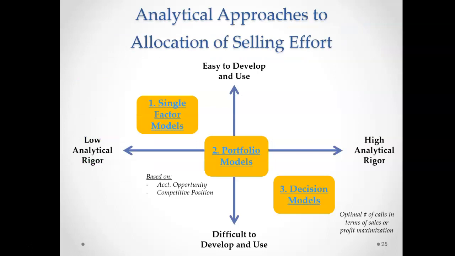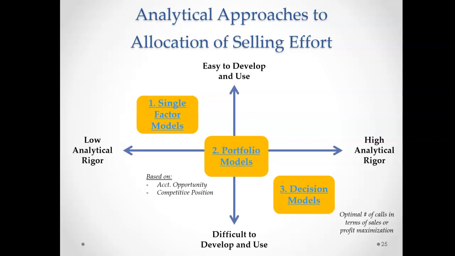So how do you even begin to determine the allocation of selling effort? I'm going to give you a high-level overview of these analytical models. If you want more information, the fourth area of content on that content slide was supplemental slides, and that's where you can find detailed information. As far as what I want you to know for the exam or quiz, it's really what's on this slide. One, you have single factor models.